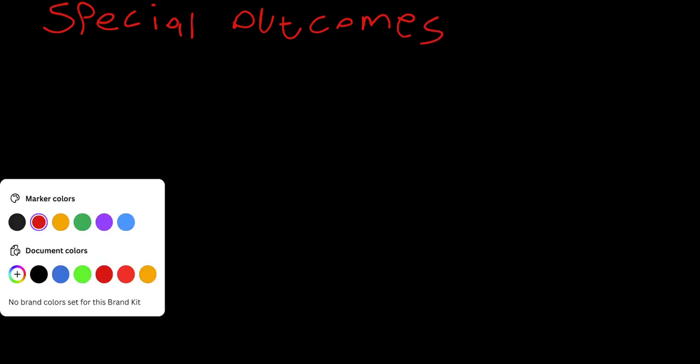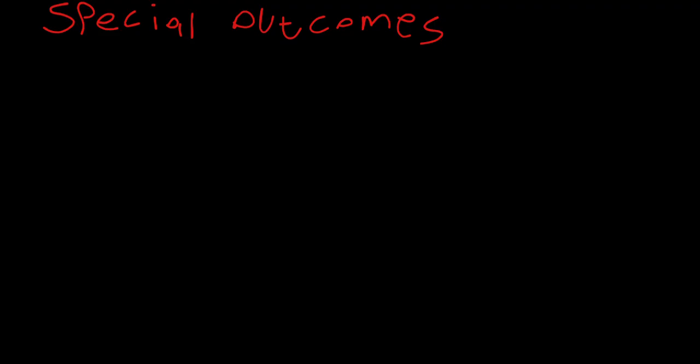Once you're doing equations with variables on both sides, you come into the situation where you sometimes have special outcomes. So these are the possible results you can have.